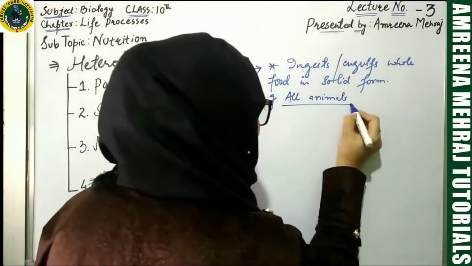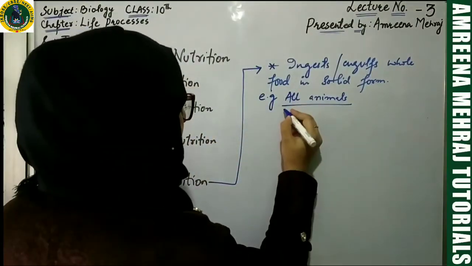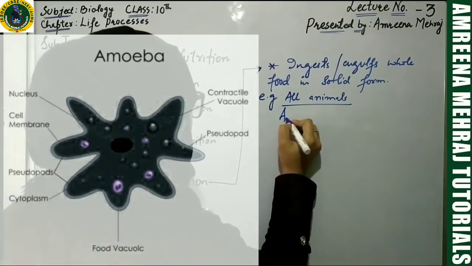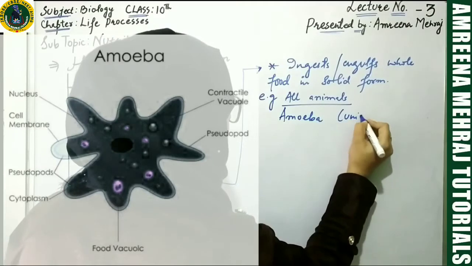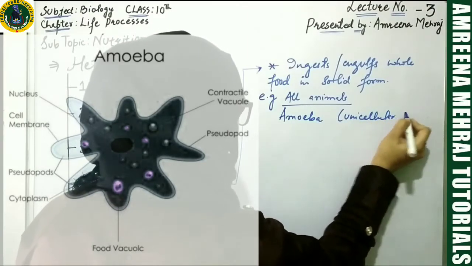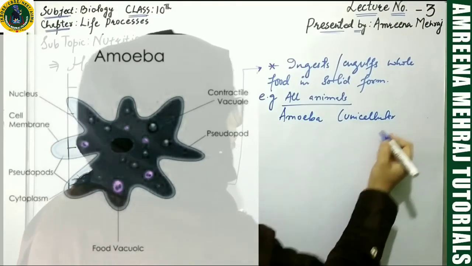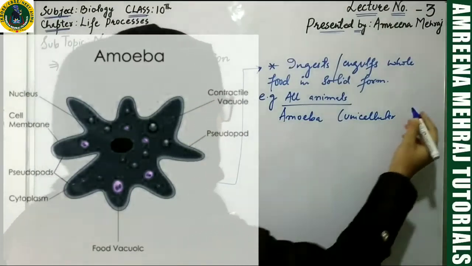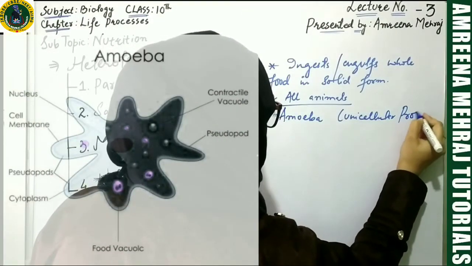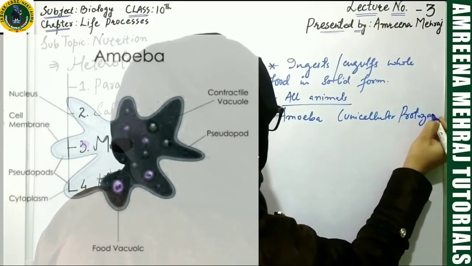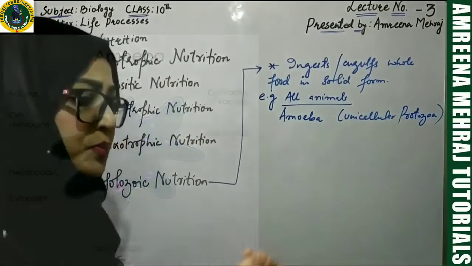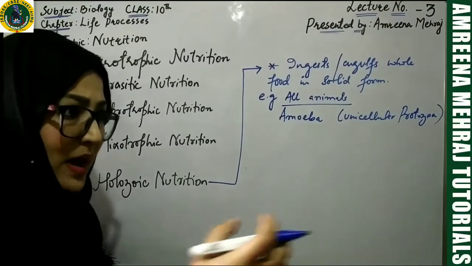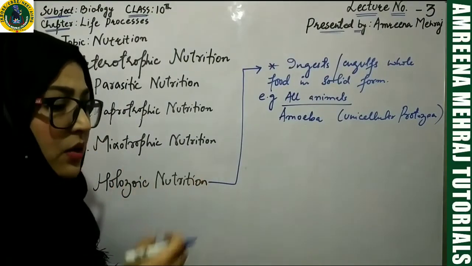The relevant examples which we have to discuss in this class are that of an amoeba, which is basically what? It's a unicellular organism belonging to the protistans, kingdom Protista. So it's a unicellular protozoa, and it obtains its food from the aquatic environment because it's an aquatic organism.